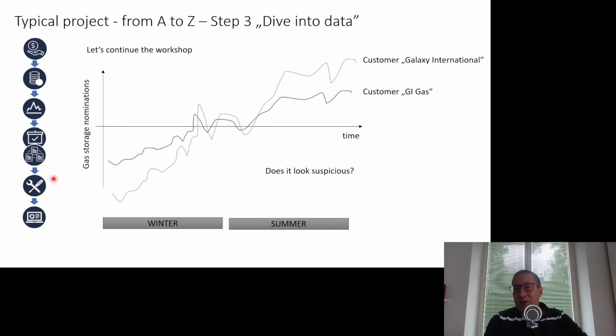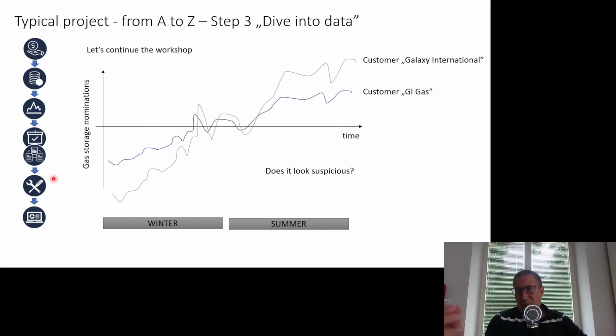Like, for example, here we have, let's say, two customers, but when we look at the gas storage nomination time trends, we see that they are very similar, and the correlation between those two nominations is very high.